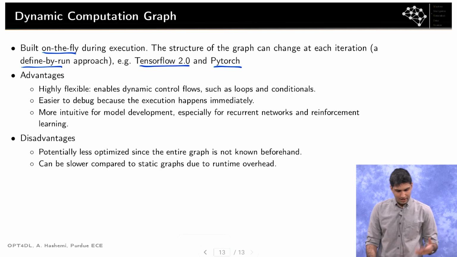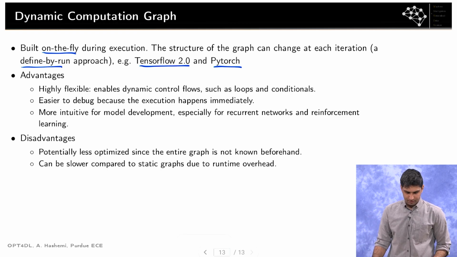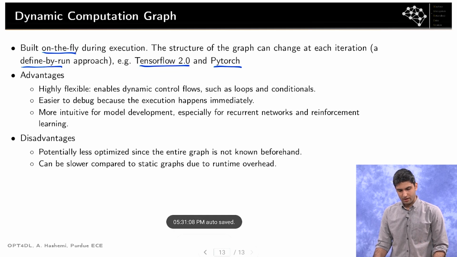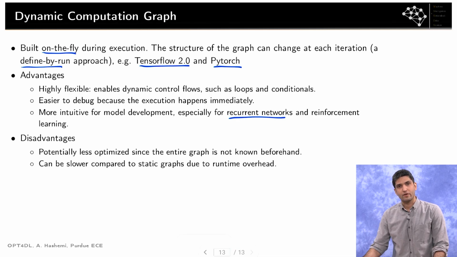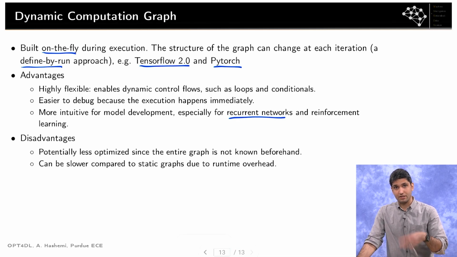The advantage is that it is flexible, given that the graph is defined in a dynamic way, and it's also easier to debug. In some sense, it's also more intuitive for development, as when we talk about more complicated models such as recurrent neural networks, or when we use deep learning in contexts beyond supervised learning, such as reinforcement learning.